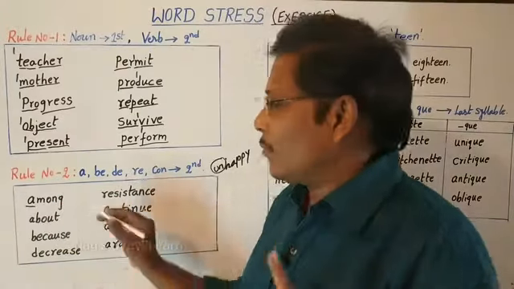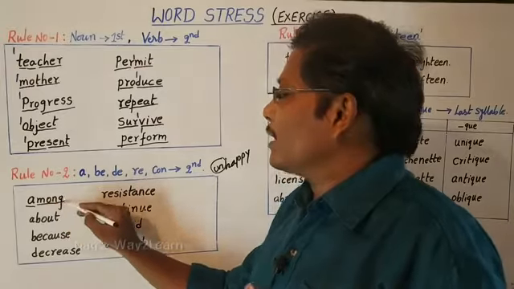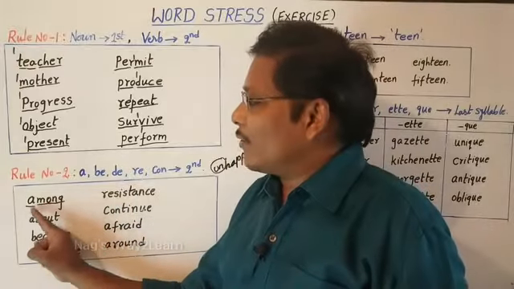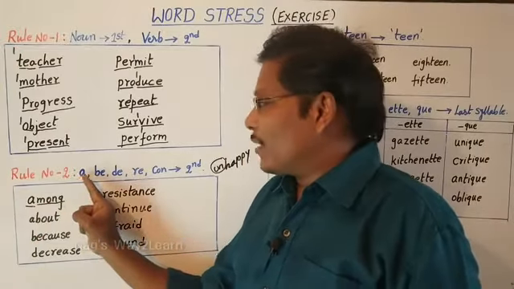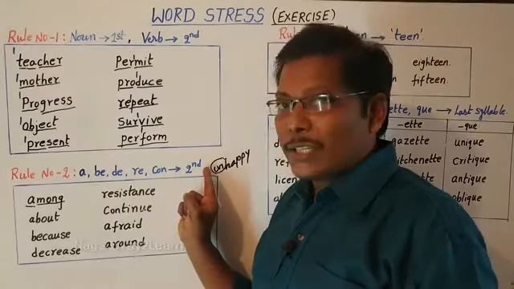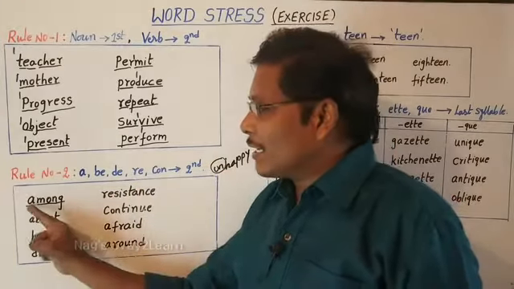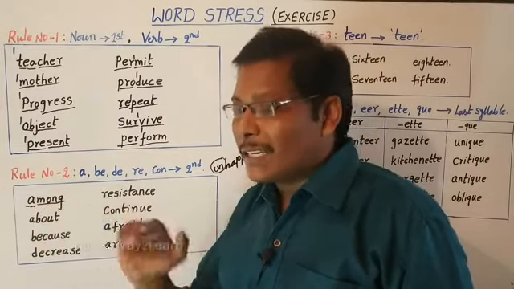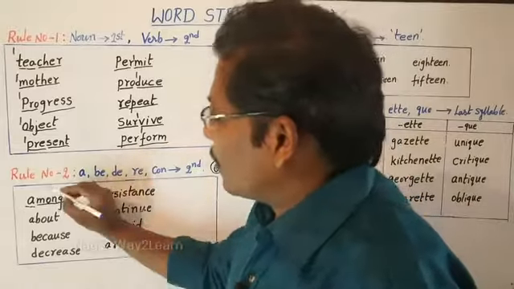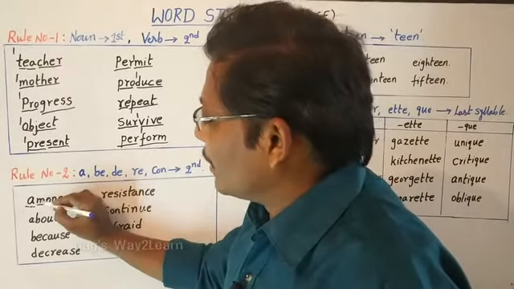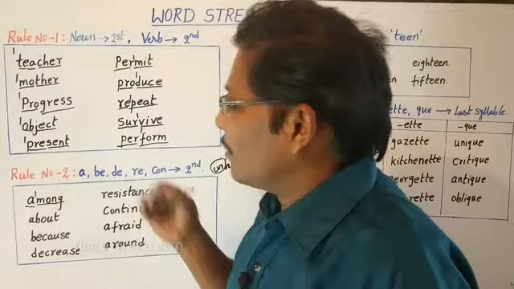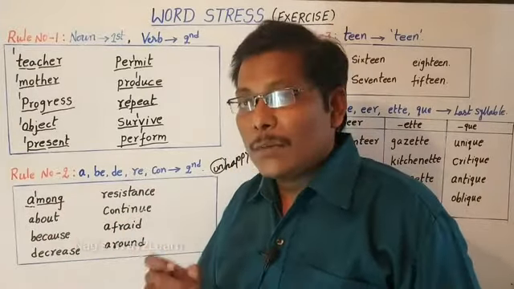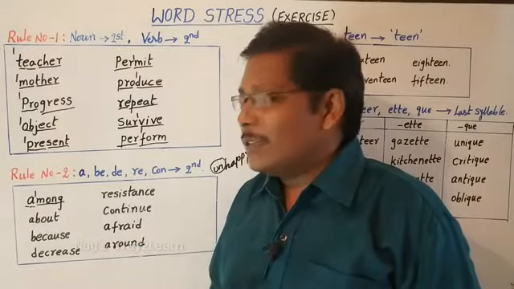A is the first syllable, mong is the second syllable. In this word you can find the prefix a. If the prefix a is there, where should the stress be? On the second syllable. So you put the stress mark on mong, that means on the letter m you put the vertical bar like this. Okay, then among.